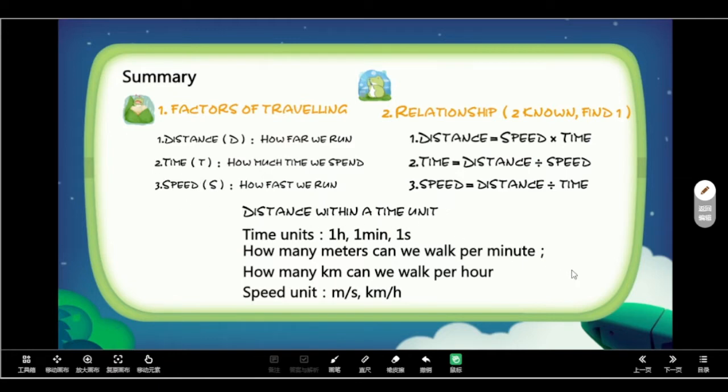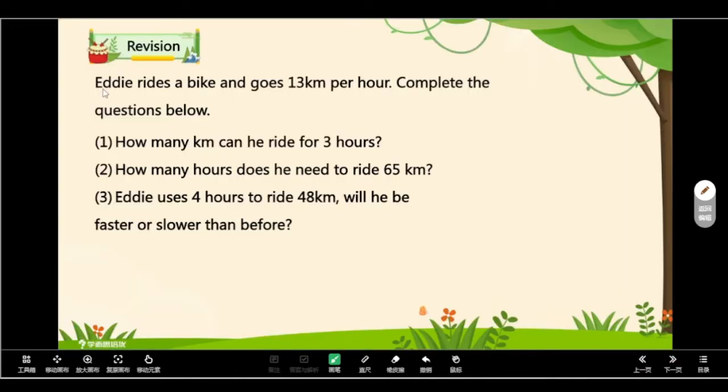Okay, and now let's have a simple quiz first to test if you have really understood these three concepts. Let's read the question together. Eddie rides a bike and goes 13 km per hour. Complete the questions below. How many km can he ride for 3 hours? This question is very simple, right?